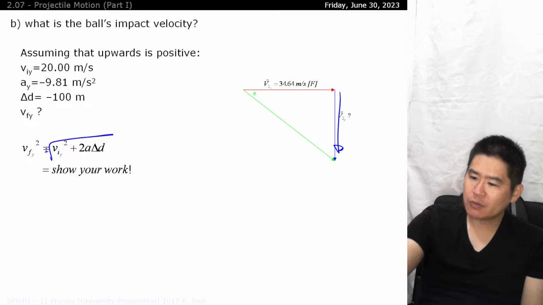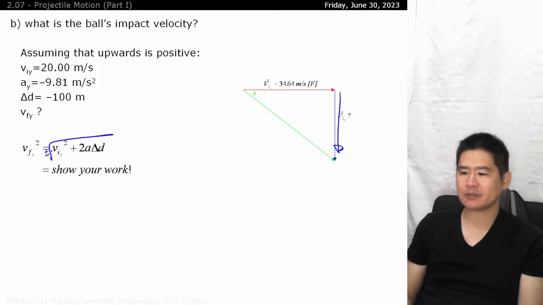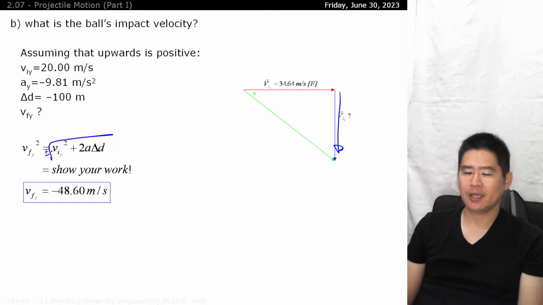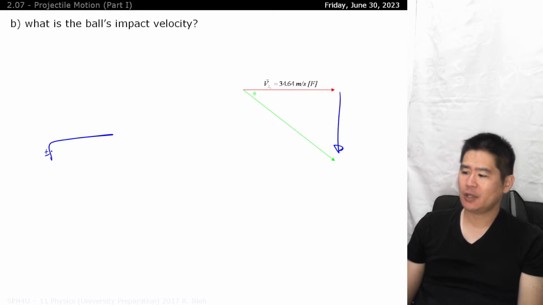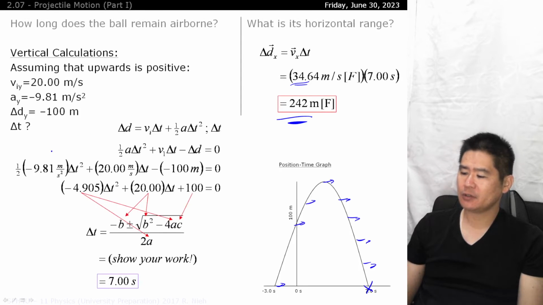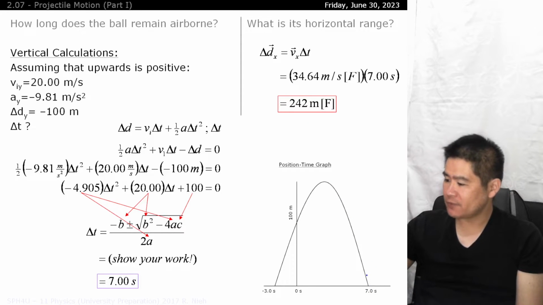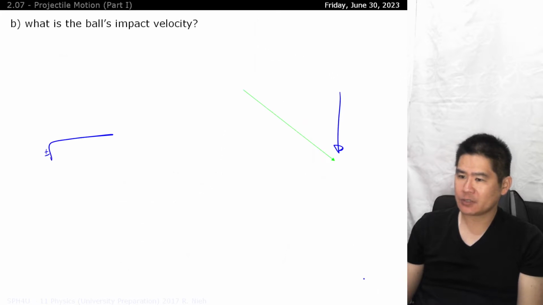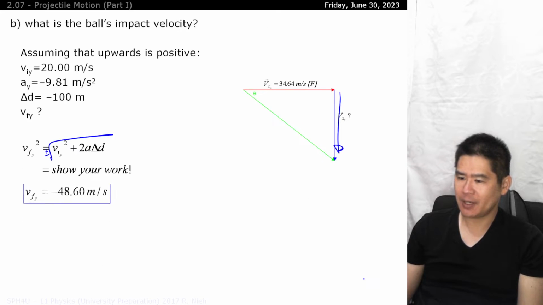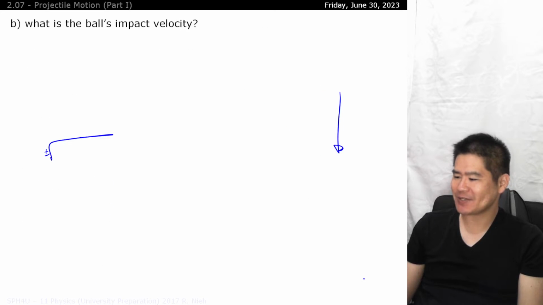and yeah, technically speaking, when you solve this, since you have to square root both sides, you have a plus and minus. All right, and we'd take the negative as our logically correct answer. After all, with this parabola over here, as things are going to be symmetrical, if this is falling downwards at, what was that number? I should have copied it down in my head. 48.6 meters per second.